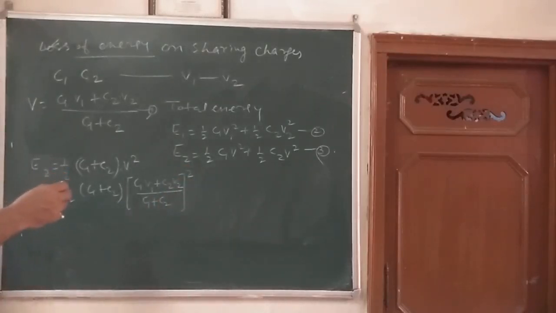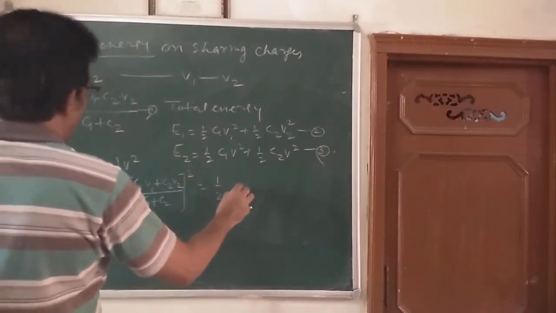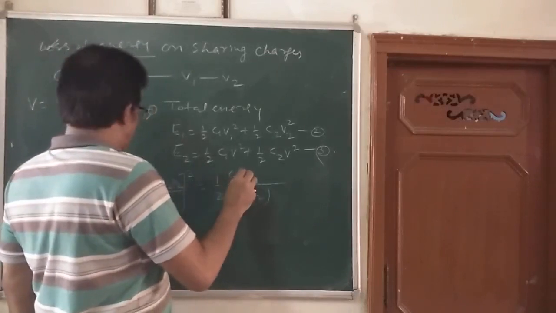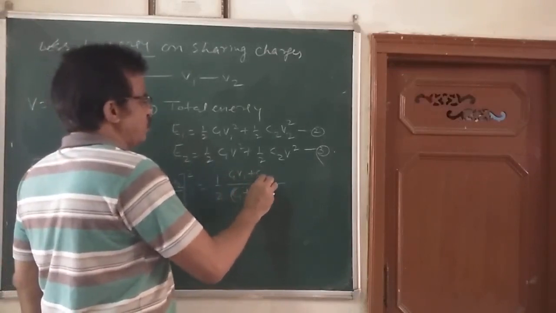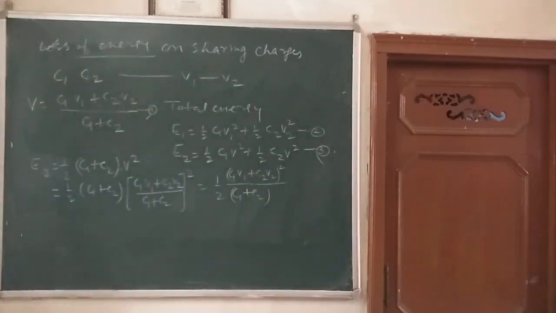Now solve it. So I can write here 1 by 2 (C1 plus C2) and on top (C1 V1 plus C2 V2) whole square. This is our E2.